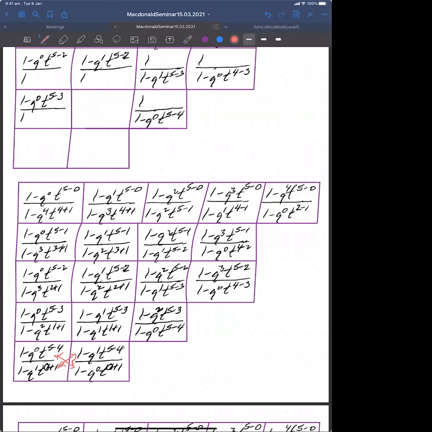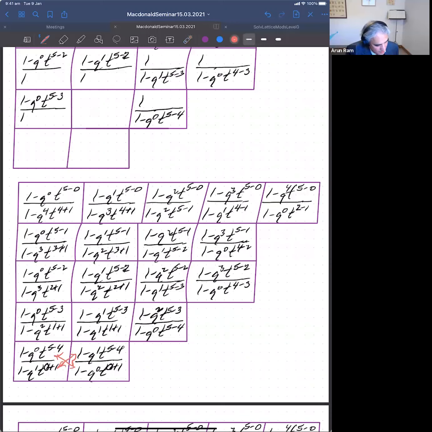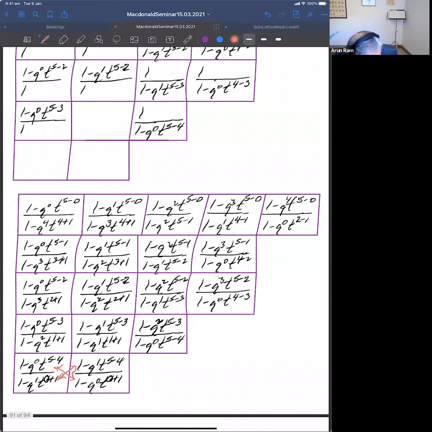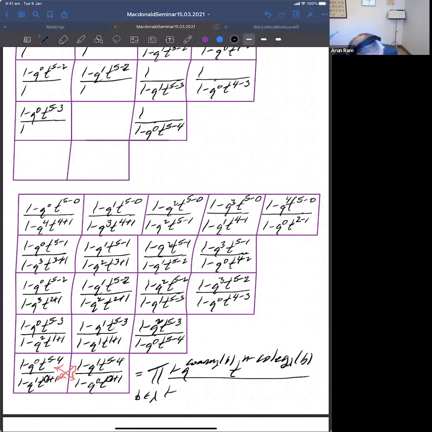Okay. All right. But now if you look at this expression, this is exactly the product over the boxes in lambda of 1 minus q to the co-arm t to the n minus the co-leg, divided by 1 minus q to the arm t to the leg plus 1.